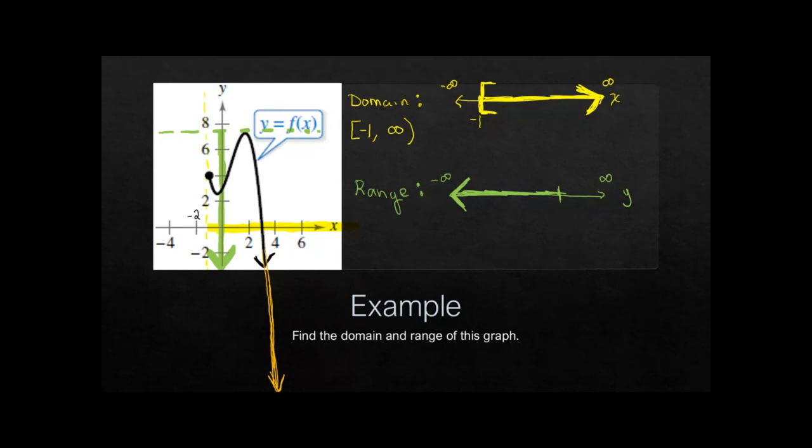It's not exactly halfway between 6 and 7, but I'm going to say it's close enough for our purposes. So let's say 7 is the highest point that it goes to. We put 7 here on the number line, and we're including 7 because it is solid at that highest point.